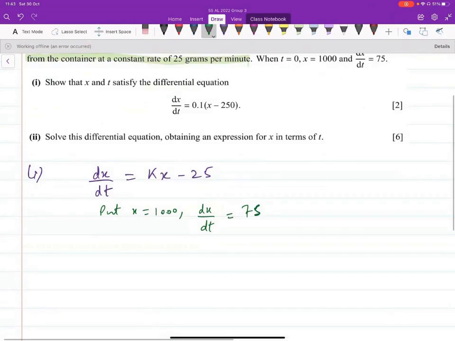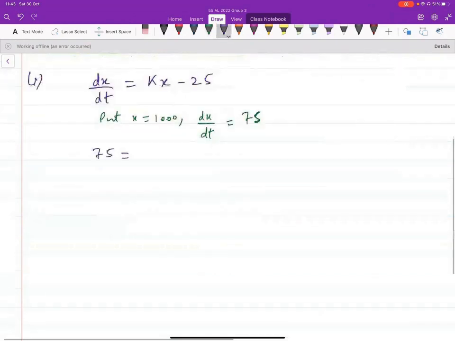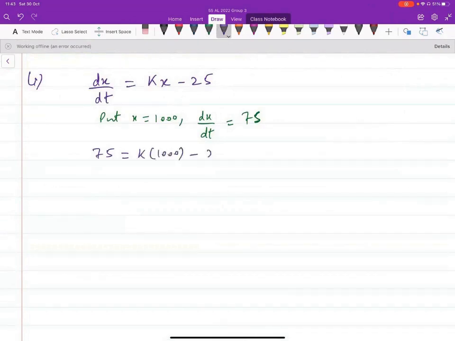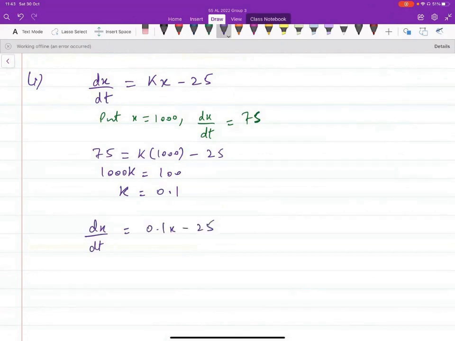We have 75 equal to k times 1000 minus 25. So 1000k equals 100 and k equals 0.1. So now the equation becomes dx over dt equals 0.1x minus 25.